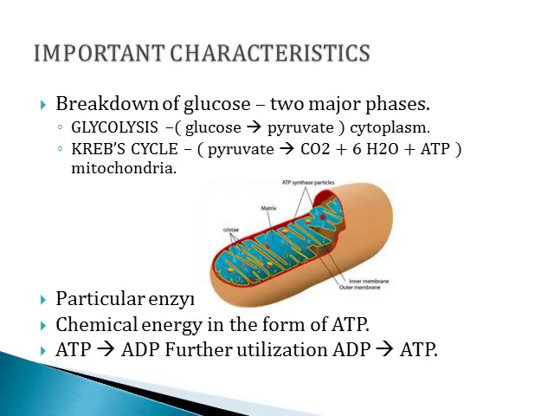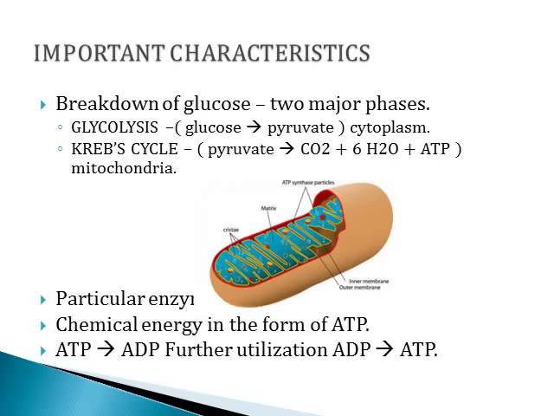After the conversion to pyruvate, the next step takes place in an organelle called mitochondria. That cycle is the Krebs cycle. Here the pyruvate molecule is again converted to carbon dioxide plus water plus ATP molecule. So these are the two major phases involved in breaking down glucose to synthesize energy.